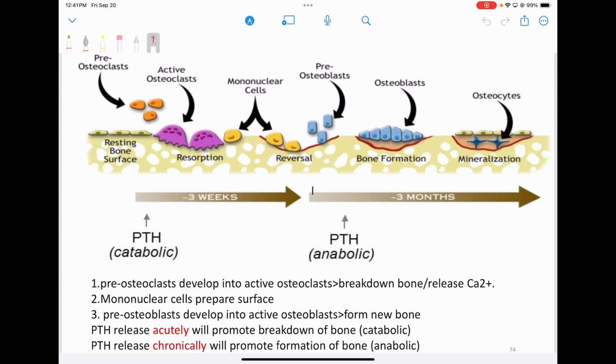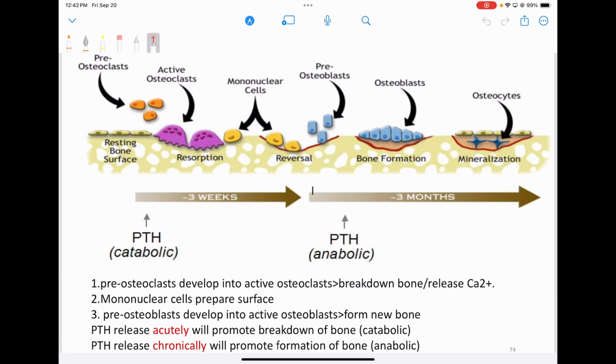But in a chronic secretion of PTH, we can't have that degradation keep going unchecked. Our bones will get brittle and they're going to break. So in a chronic release of PTH, it is anabolic. It's going to build up the bones so that we don't severely deform our bones and cause problems.